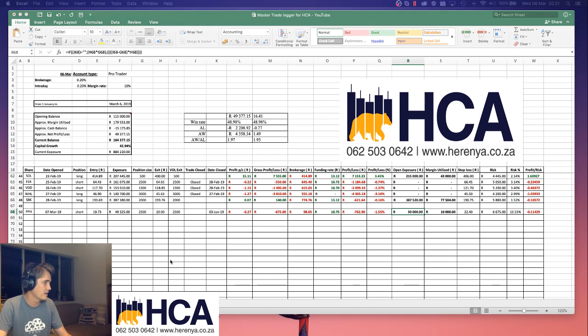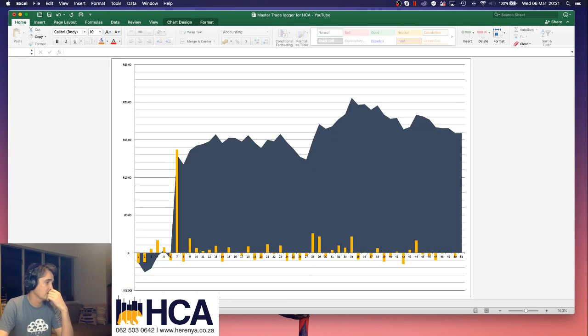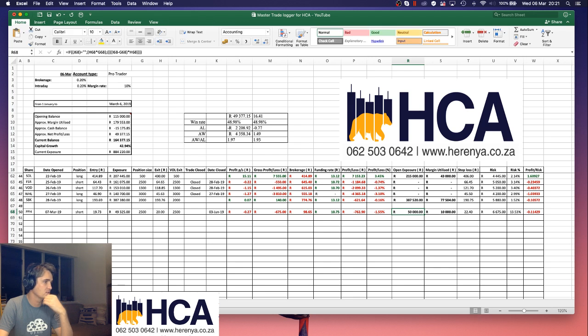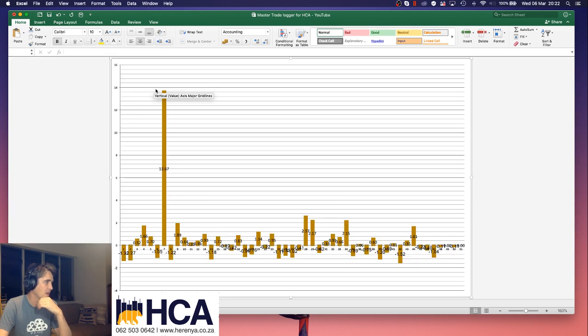And then basically what Igor's done here is he's done two really cool charts. What he's doing here is measuring percentage risk, or percentage R, right?